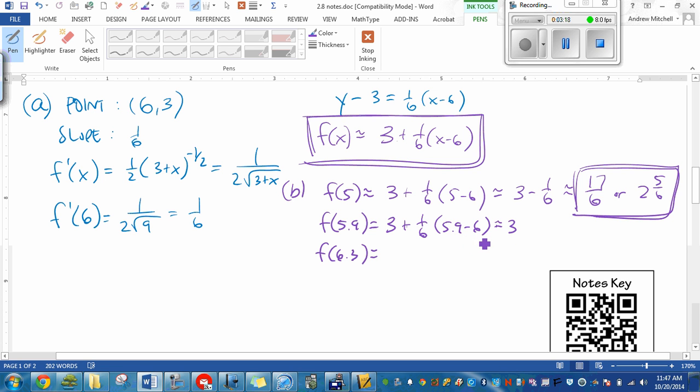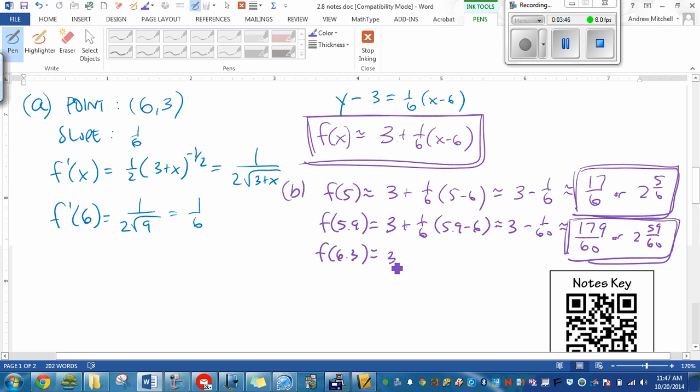So 5.9 minus 6, we get negative 0.1, which is the same as negative 1/10. Times 1 over 6, we get negative 1 over 60. So 3 is the same as 180 over 60, so we get 179 divided by 60, or 2 and 59/60ths.